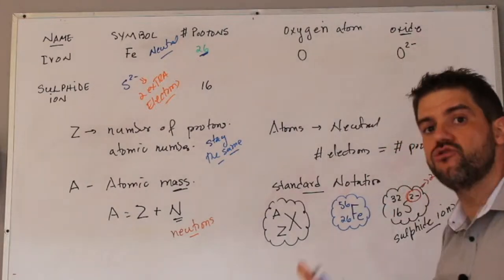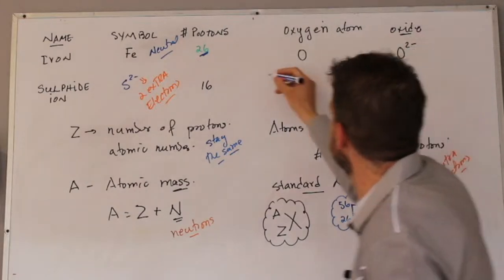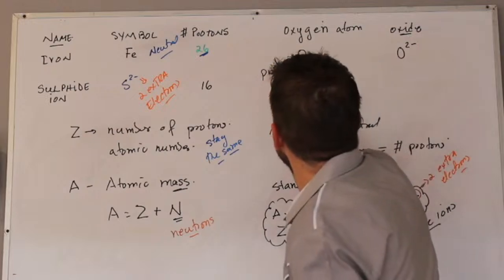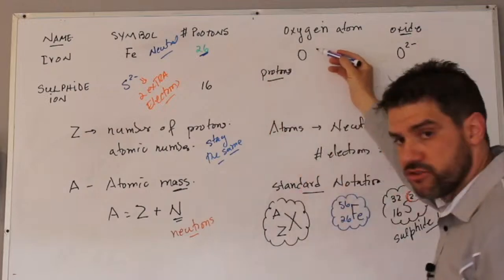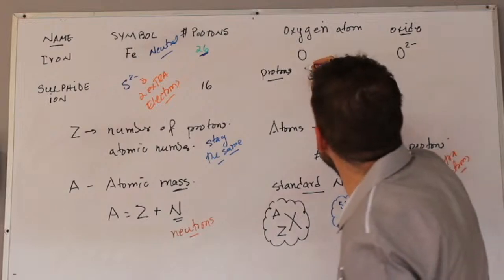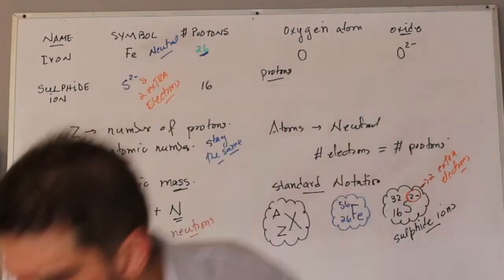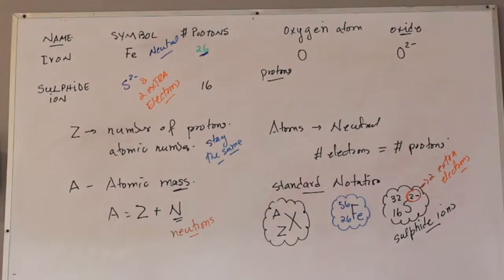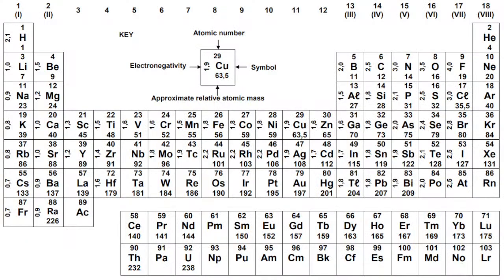Oxide gains 2 electrons. So if we know the protons for oxygen atoms is 16. Let me see. Or 8, I don't remember now. Periodic table. Here, oxygen is 8. There we go.